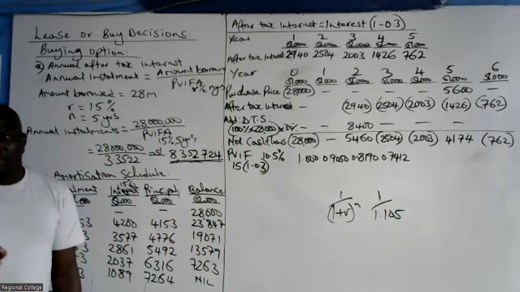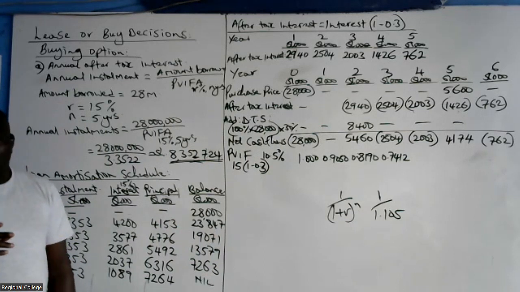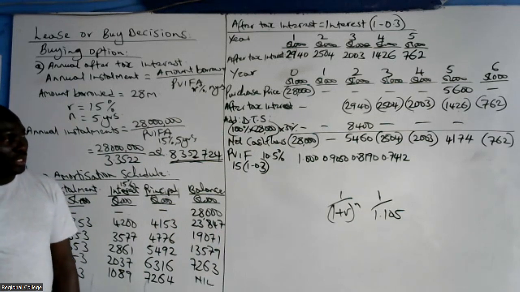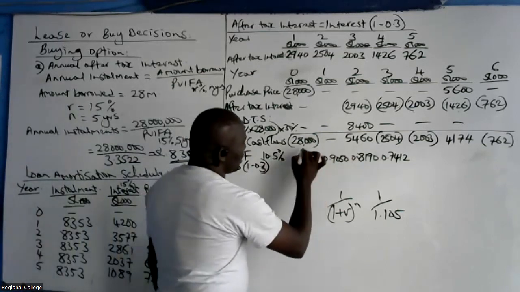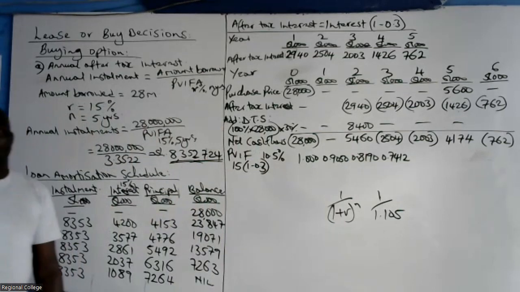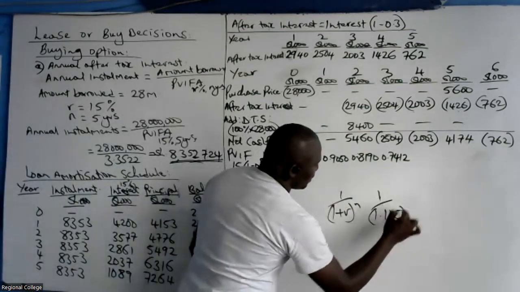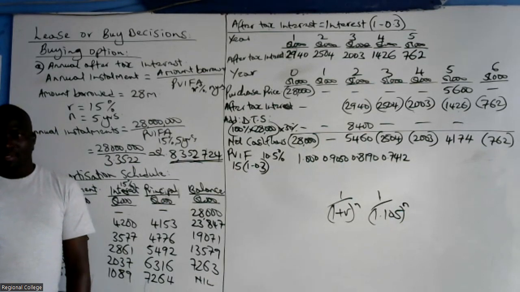Our r is 0.105, so 1 divided by 1.105. Then 8190 divided by 1.105 is the same as 1.105 raised to power 2, because we are in year 2.